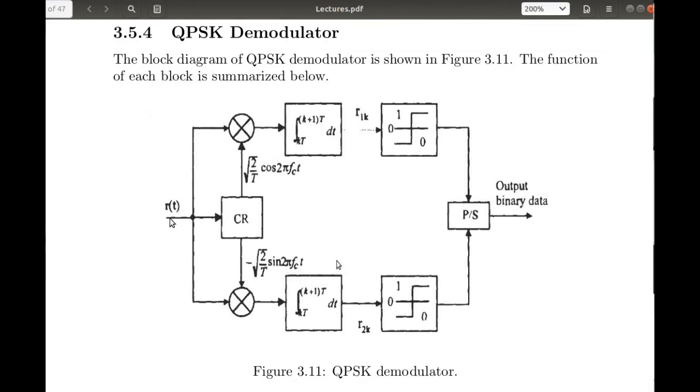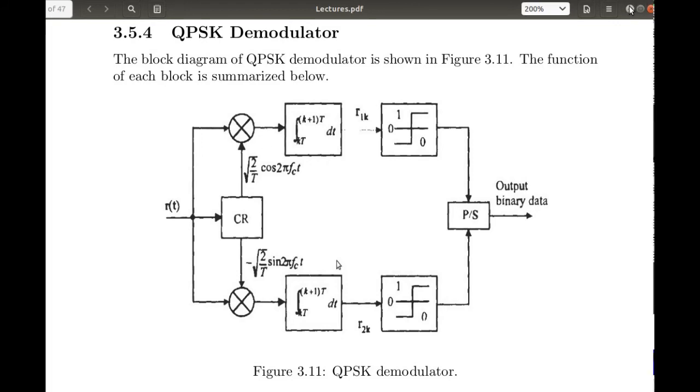Now if you see our r of t in the first symbol, we have the received signal, which we generated. This will be multiplied with square root of 2 over T, where capital T is 1, so square root of 2 times cos of 2 pi fc t. So let me generate this product first.